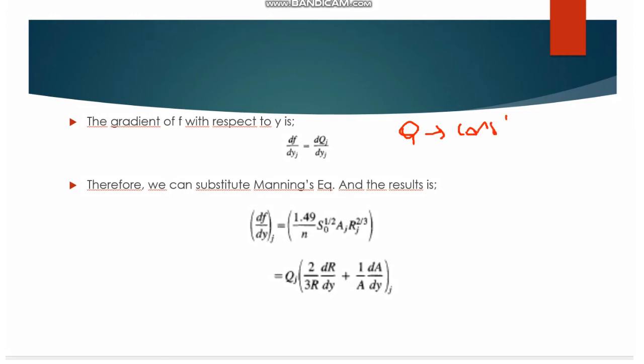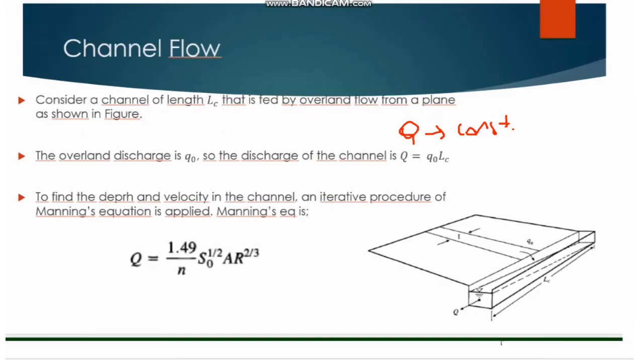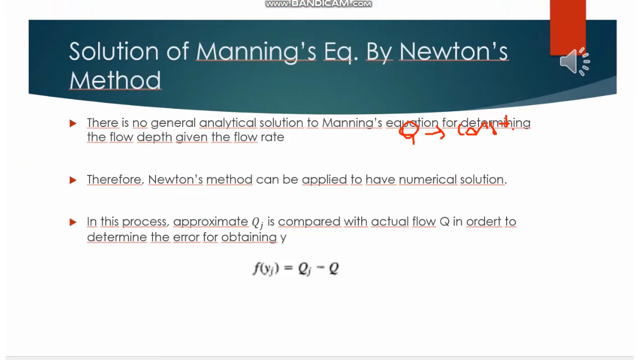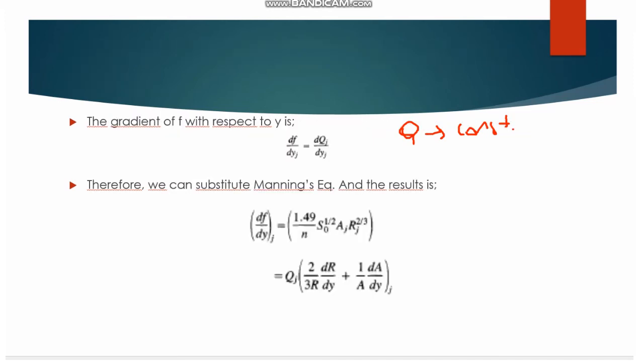When you take the derivative with respect to y, this term goes to 0. Let me show you the previous slide: in df over dy, this Q goes to 0. So we have the final version of this equation.